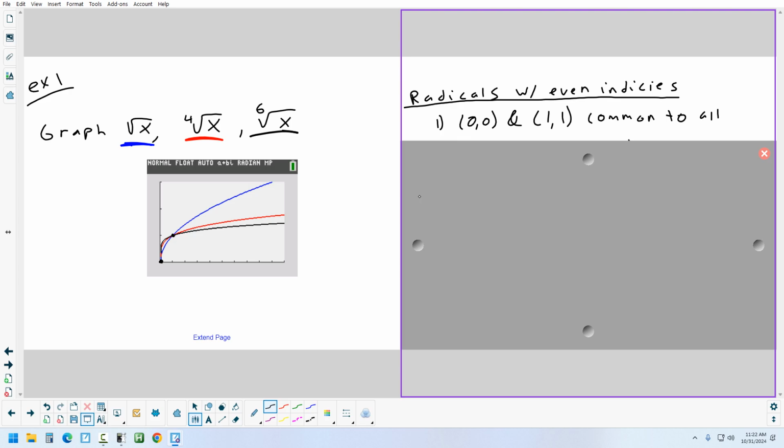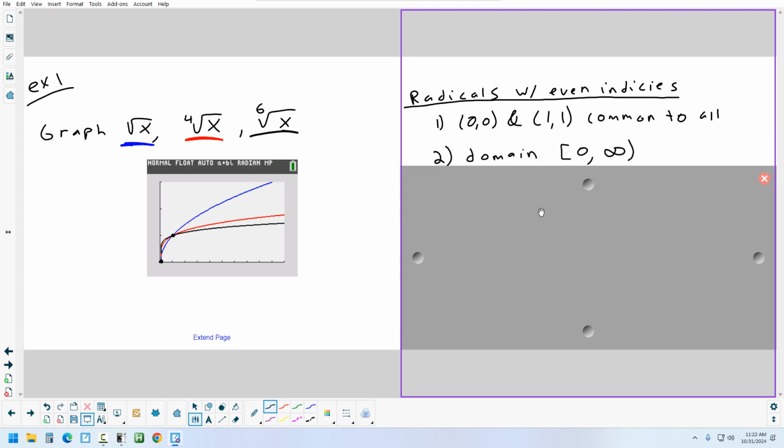We already had this zoomed out. What was the domain? We already kind of talked about it, but what's the domain for the radicand on an even root? 0 to infinity. And what's the range of all three of those graphs? Is it all the numbers?